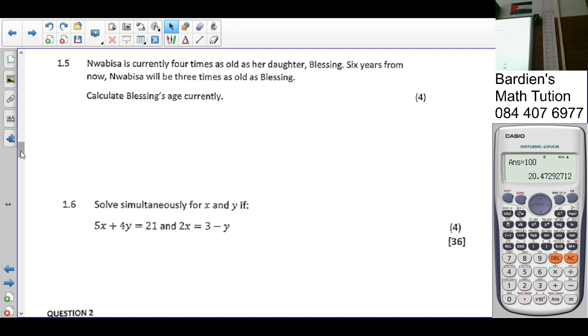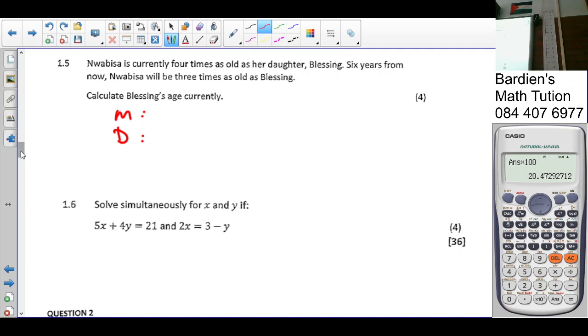Yes, okay. Is currently 4 times as old as her daughter, Blessing. Okay, so we got the mother-daughter situation here. So the mother is 4 times as old as her daughter. Blessing, the daughter, is the younger of the two, not so?